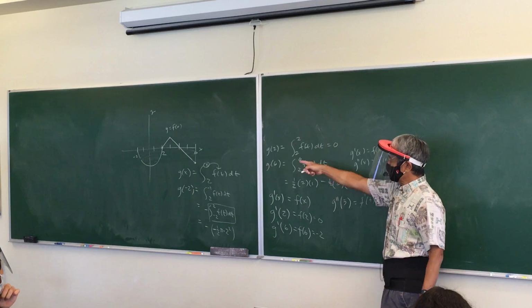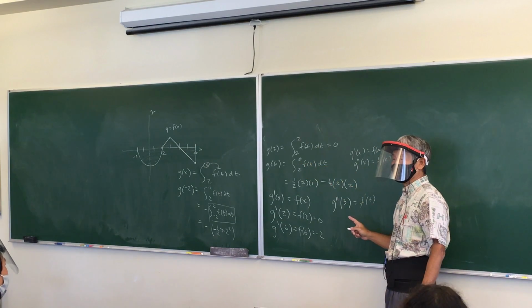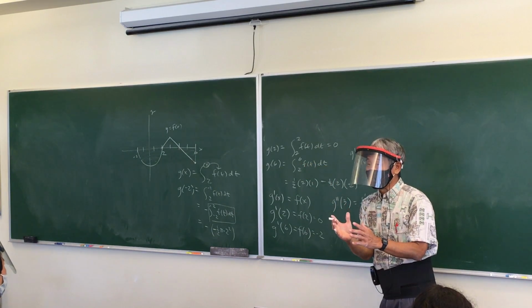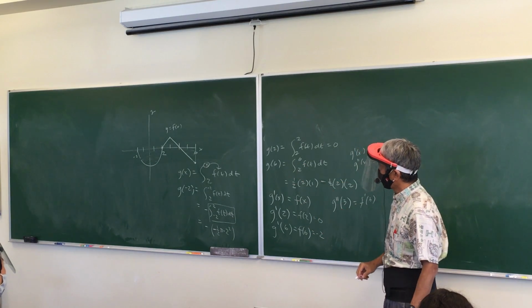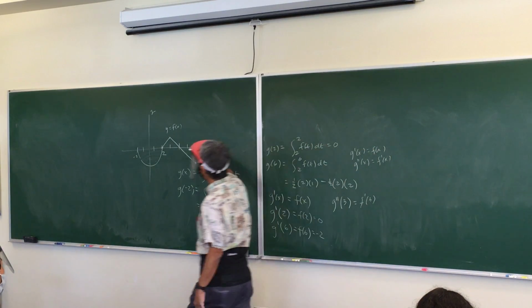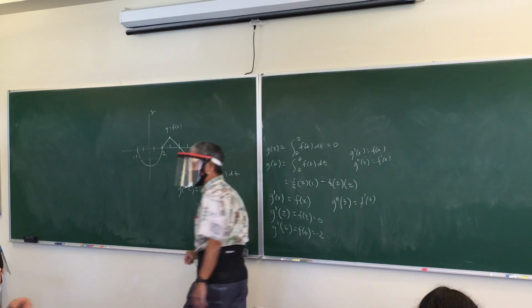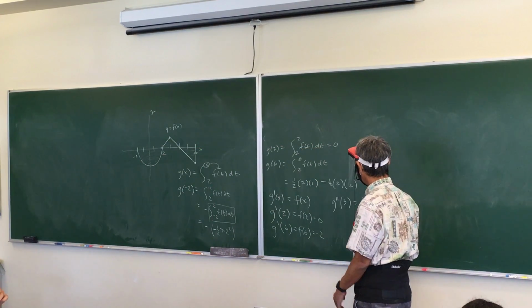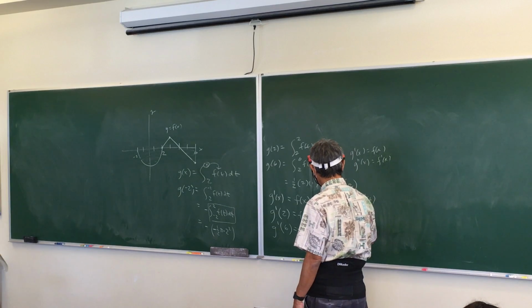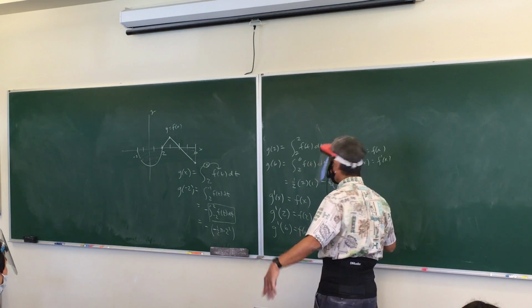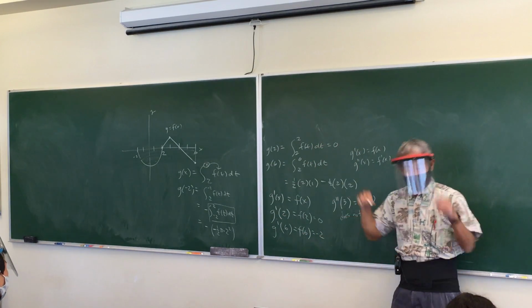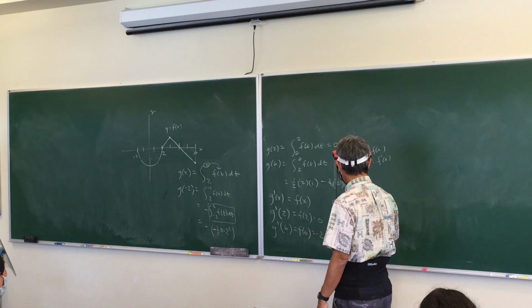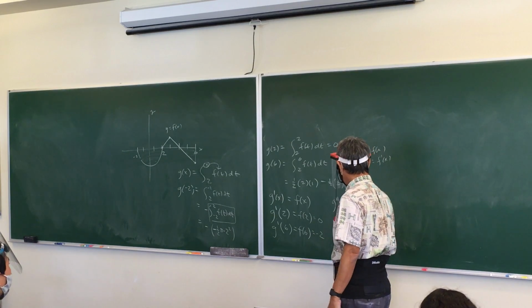If that's the graph of f, what does f prime tell you? The slope of the graph. So what is the slope of the graph when x is 3? It does not exist. Very good. Why? Because it's a sharp point. That's what you say. Sharp point, does not exist.